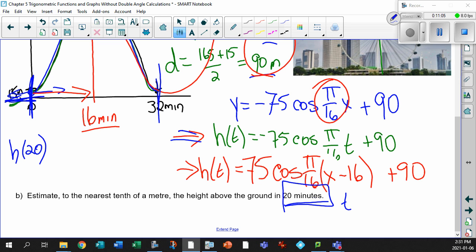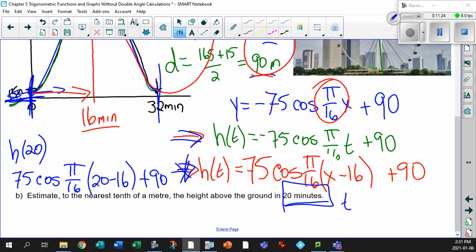And it doesn't matter which graph you put this in. Look, I'll use the positive one. Isn't this 75 cos pi over 16, times 20 minus 16, plus 90? There you go. There's your value of time.